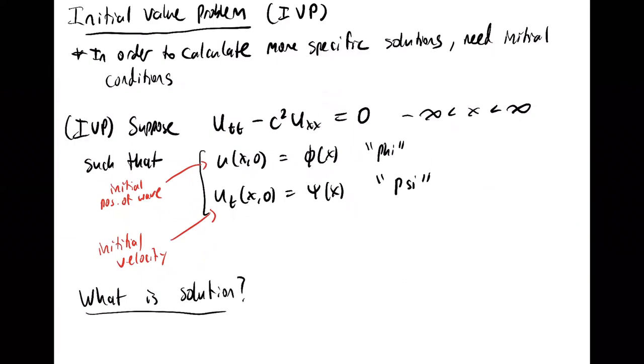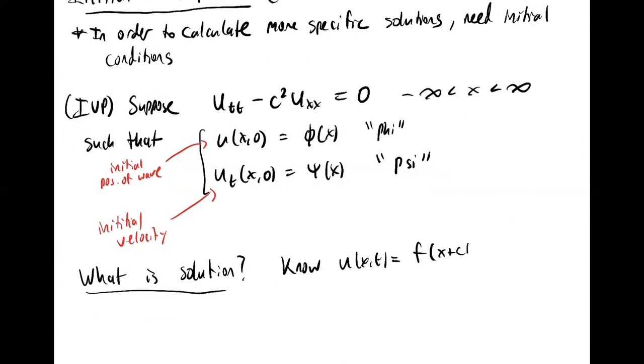Right, so from the previous theorem, which we proved, we know that u of x,t has the following form: some f of x plus ct plus some other g of x minus ct. And so the question is, how do these things depend on the initial conditions?